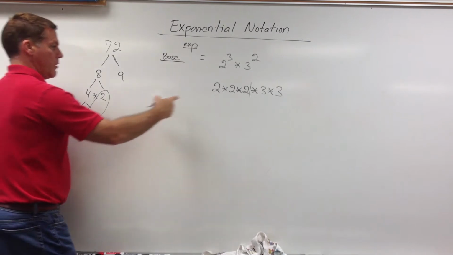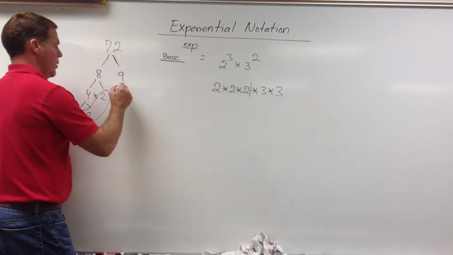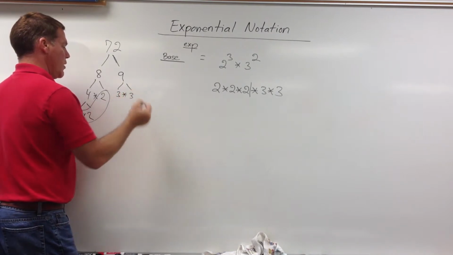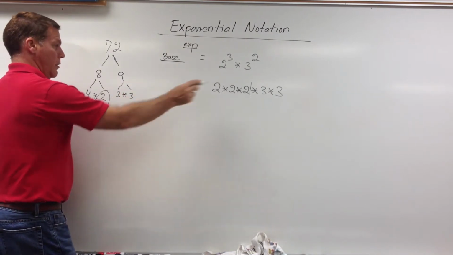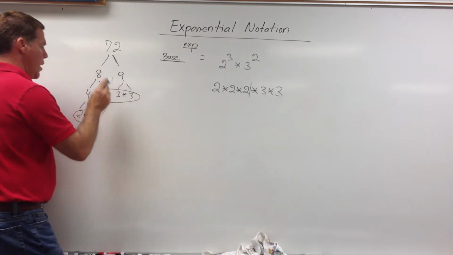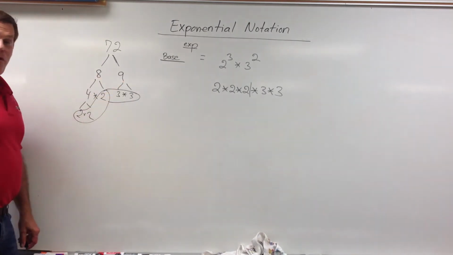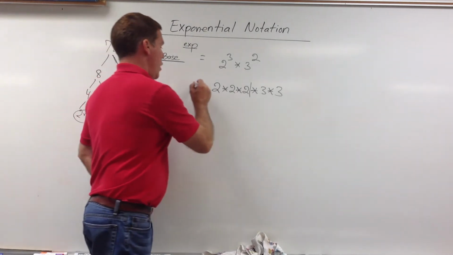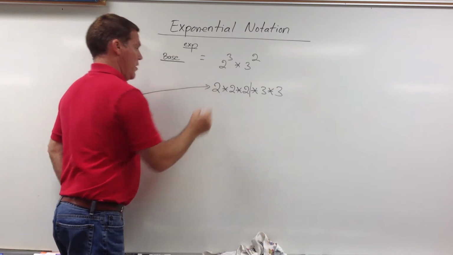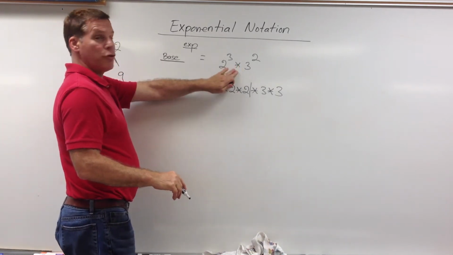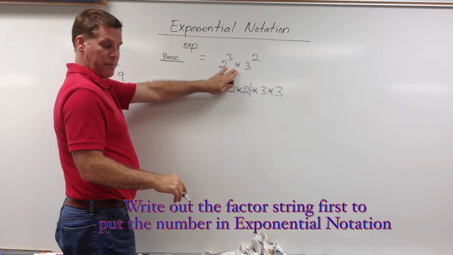And notice that these are my 2's here. 9 is equal to 3 times 3, and these are also prime numbers, so we're kind of finished. We finished with that half, we finished with this half as well. Okay? And that's how we end up starting off with this. And the students are going to have to change this to this.